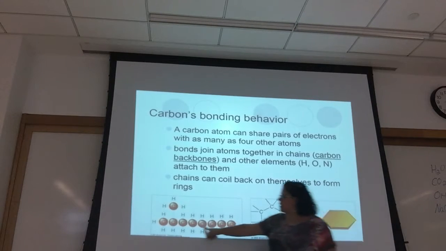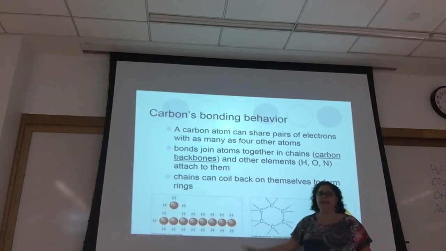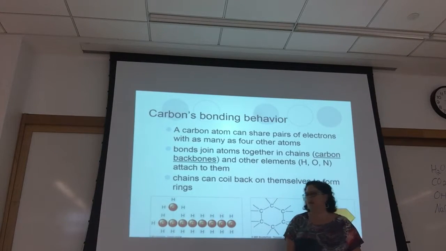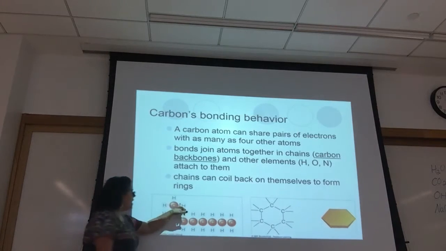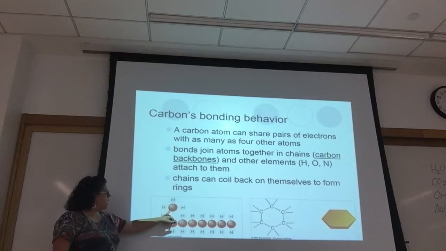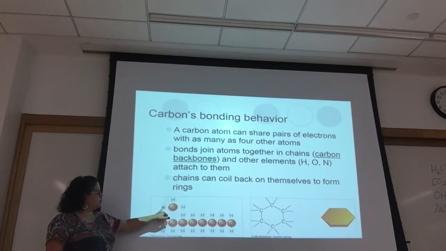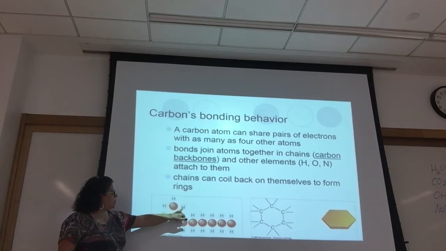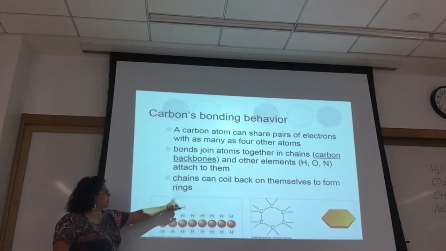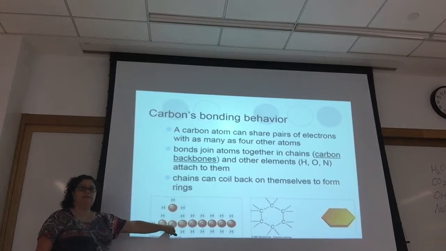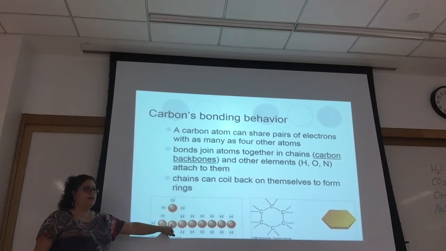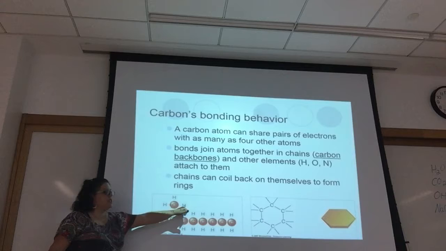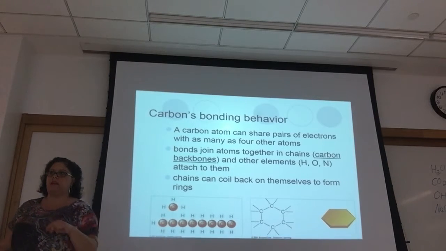All right, so here is a chain of carbon atoms bonded to each other. This red circle is a carbon atom, and it's bonded to a hydrogen on this side, a hydrogen over here, a hydrogen up here, and at the bottom, it's bonded to another carbon. Essentially, there's 4 lines coming away from that 1 carbon atom.